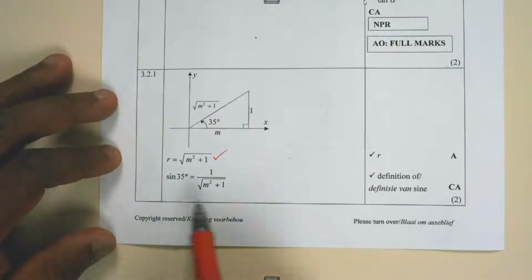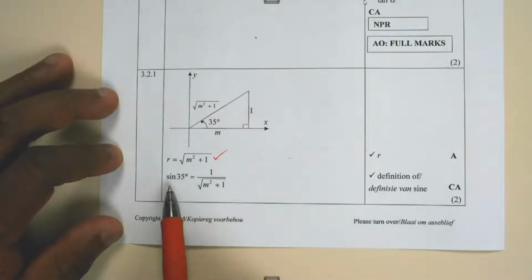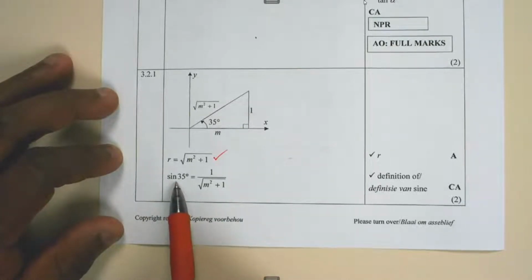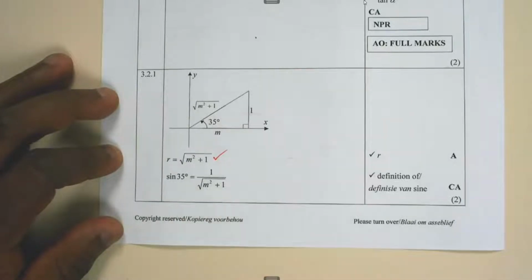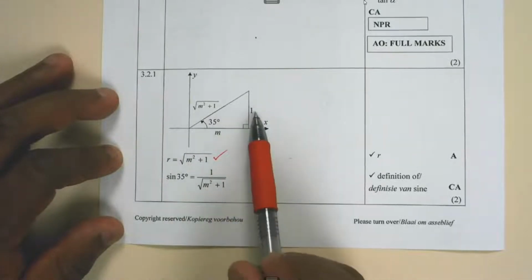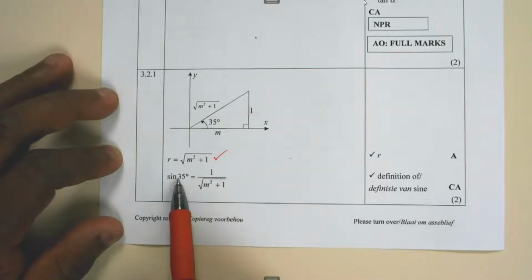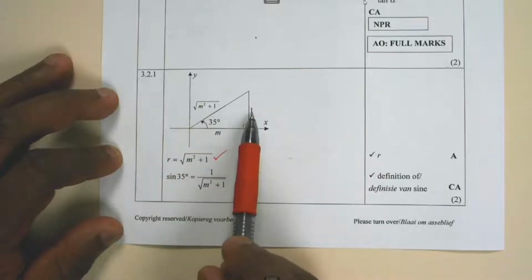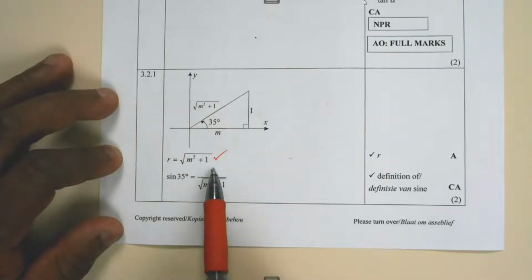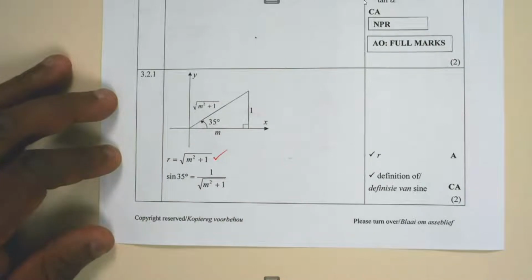And then the second mark will be for writing the ratio for sine 35 degrees in terms of M. Remember, sine is opposite over hypotenuse. The definition says sine is y over r, and y is 1. R is the square root of M squared plus 1.